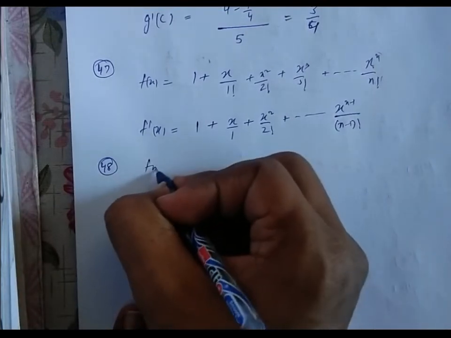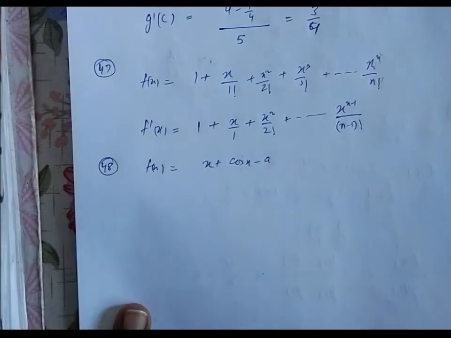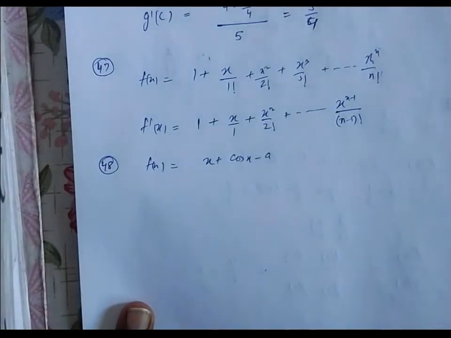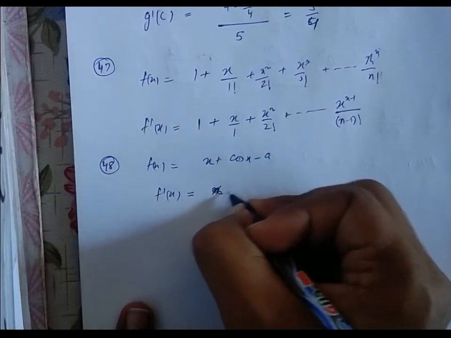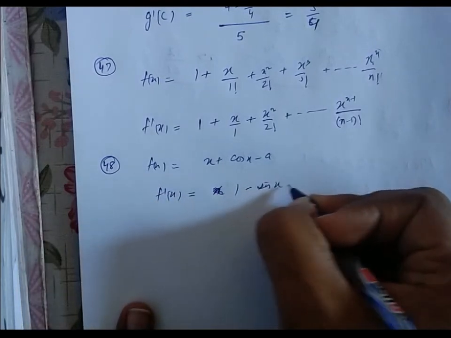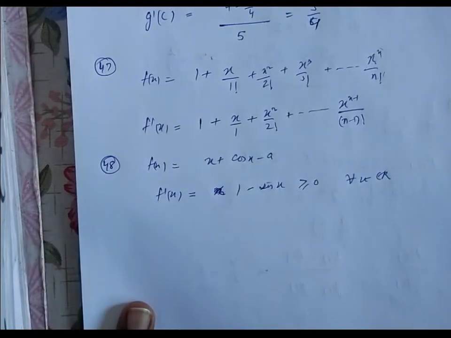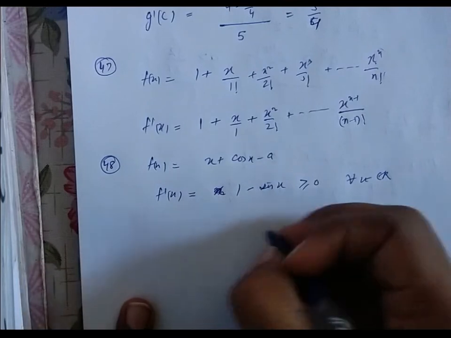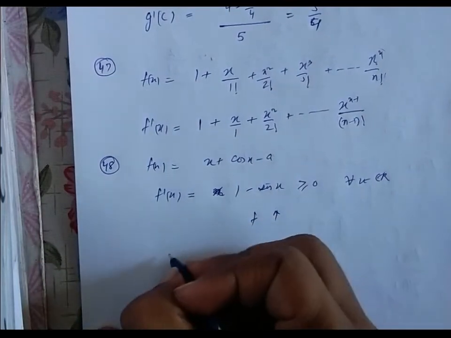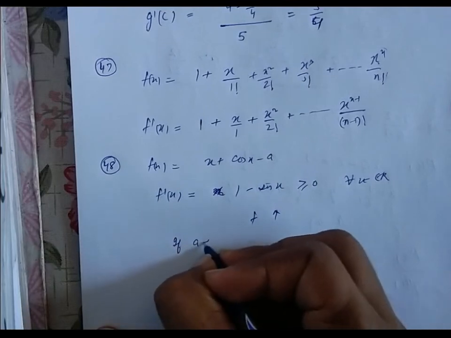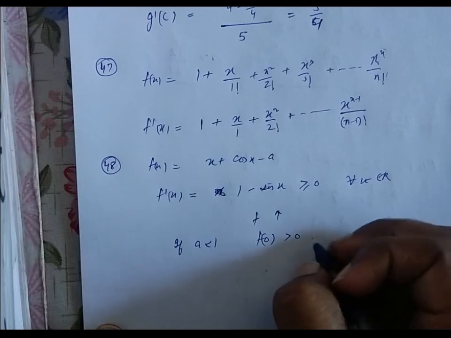So fx is equal to x plus cos x minus a. F dash x comes out to be 1 minus sin x, which is greater than or equal to 0 for all x belongs to R. Okay. Hence we can say that f is increasing. If a is less than 1, then f0 is greater than 0.